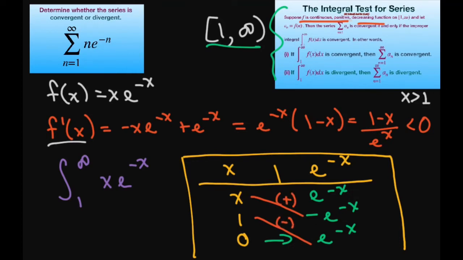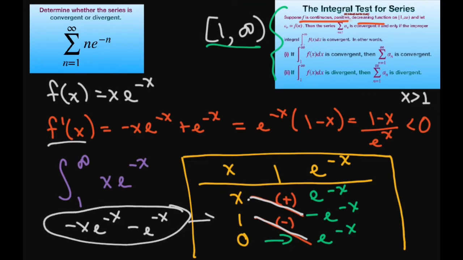When we integrate this, we're going to get, if you multiply these two, negative x e to the negative x power minus e to the power of negative x. So just keep that in mind. That's our tabular integration.